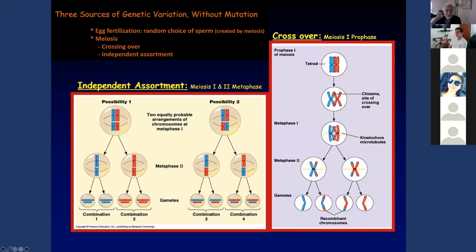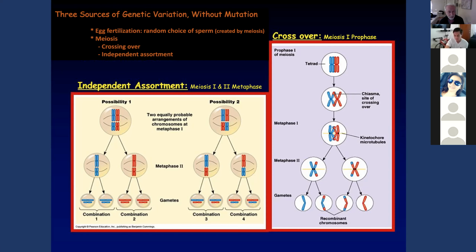Now, 3 sources of genetic variation without mutation. Mutation is a very important source of variation, but there are others, equally important. One is the fertilization step itself. So an egg has not a choice, but it has a probability of being fertilized by any number of sperm.